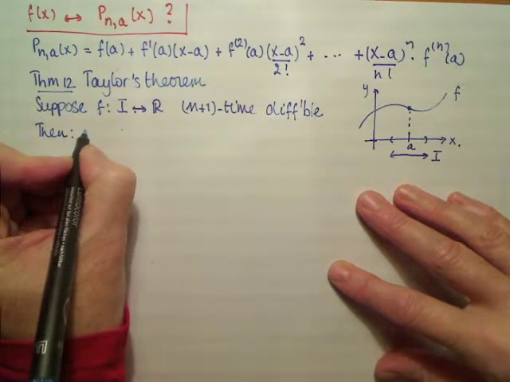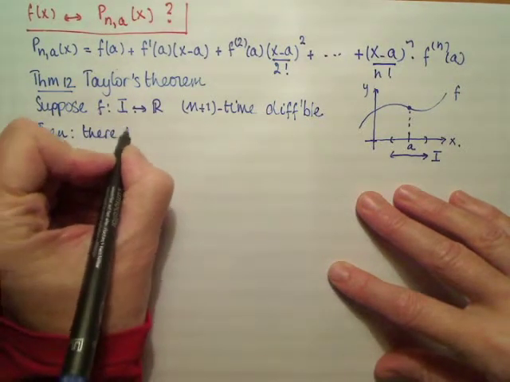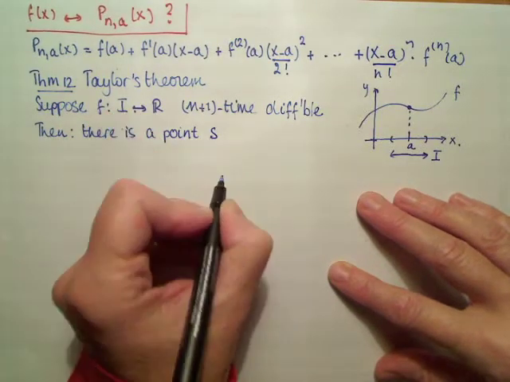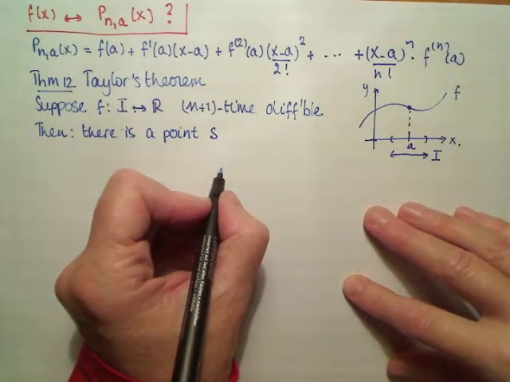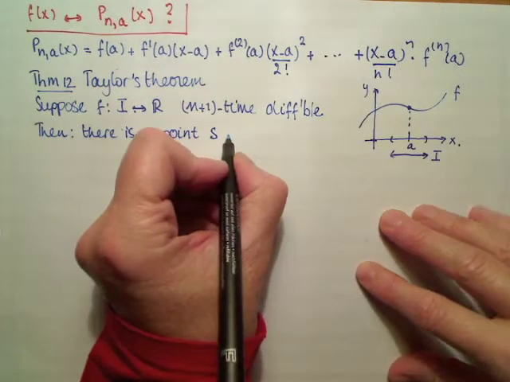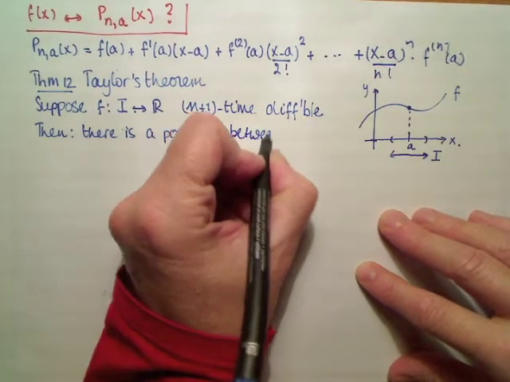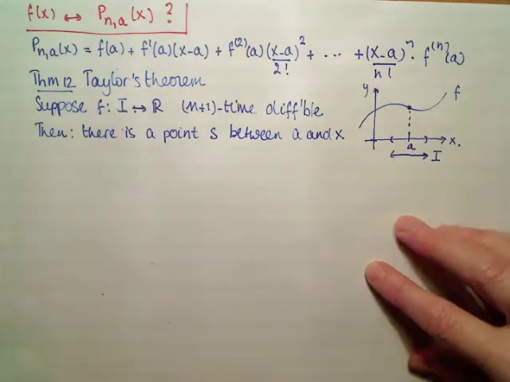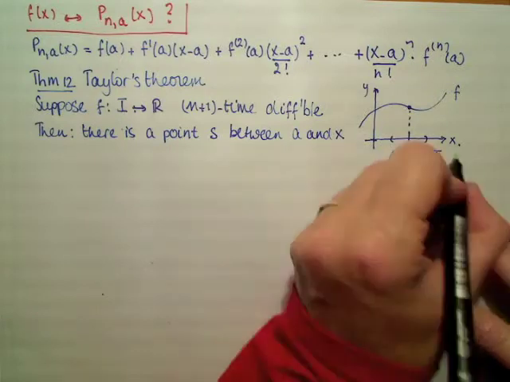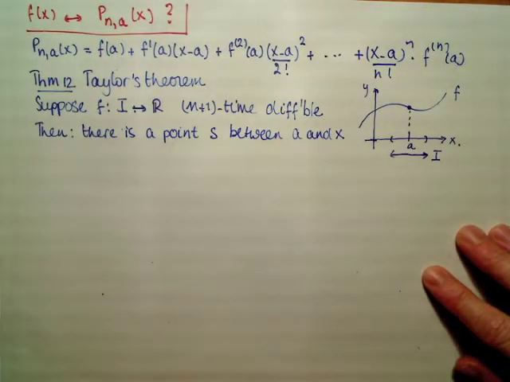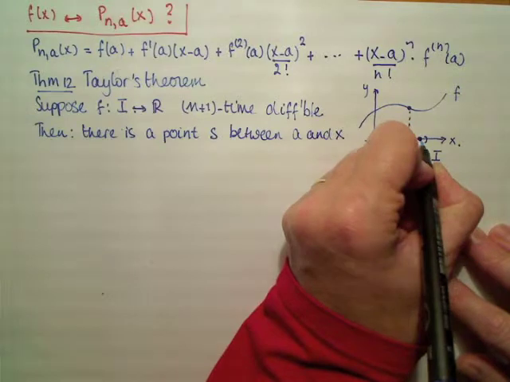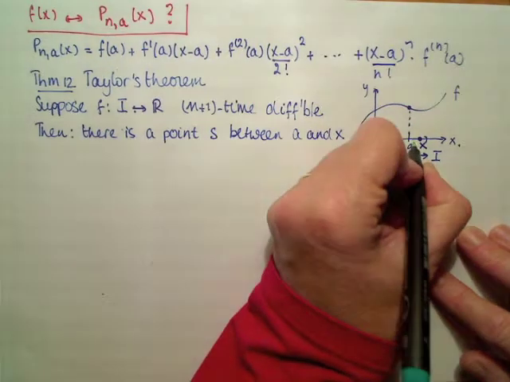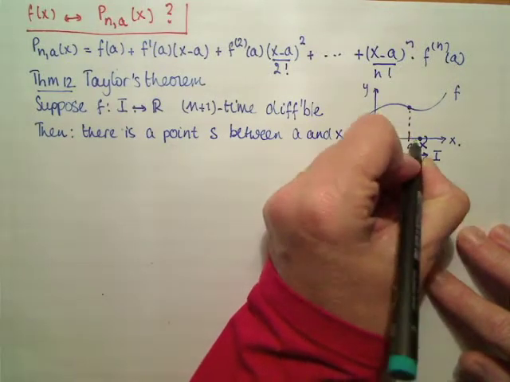There exists a point s in between x and a, so it depends on x and a. We don't know what point, but it is somewhere between a and x. So let us draw point x over here, and then this point s is somewhere in between.